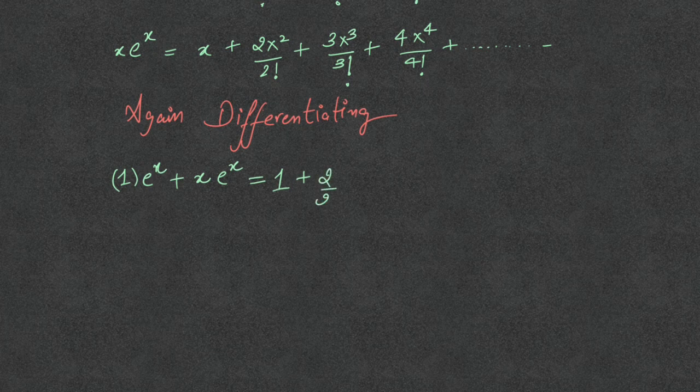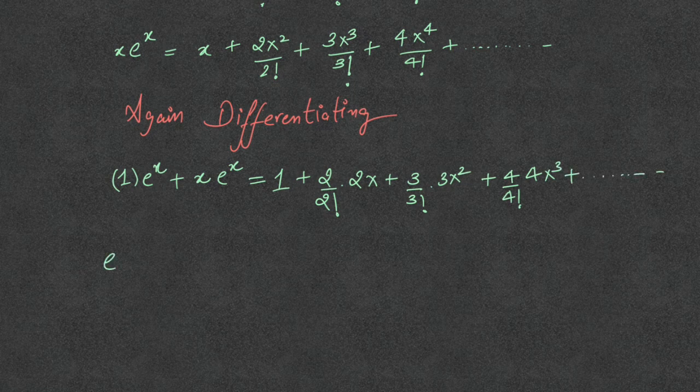2 upon 2 factorial as it is into differentiation of x square is 2x, plus 3 upon 3 factorial as it is, differentiation of x cube is 3x square, plus 4 upon 4 factorial as it is, differentiation of x to the power 4 is 4x cube, plus so on.